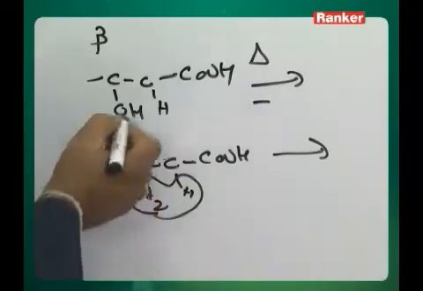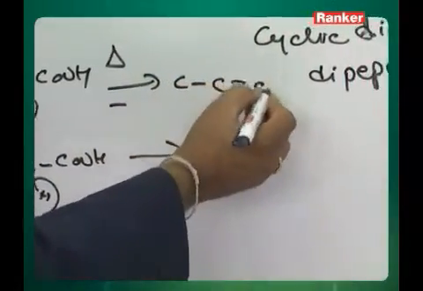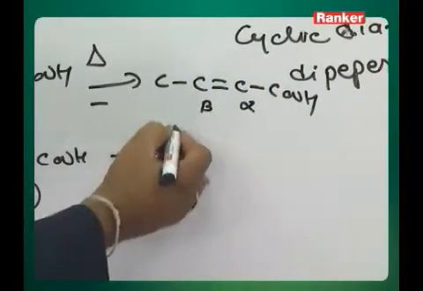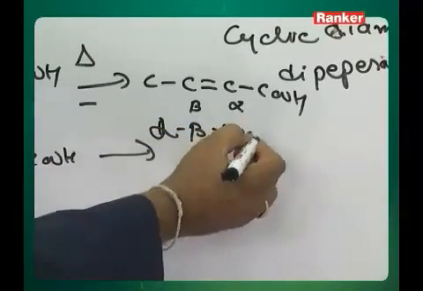So an ammonia molecule is removed, water is removed, and both give alpha beta unsaturated acids. Therefore, you call it an alpha beta unsaturated acid.